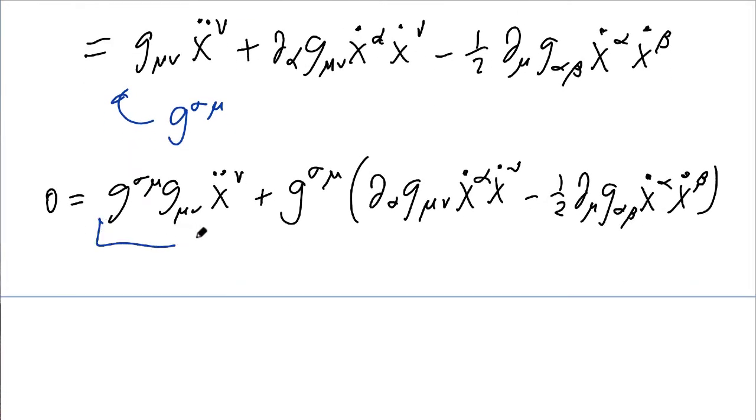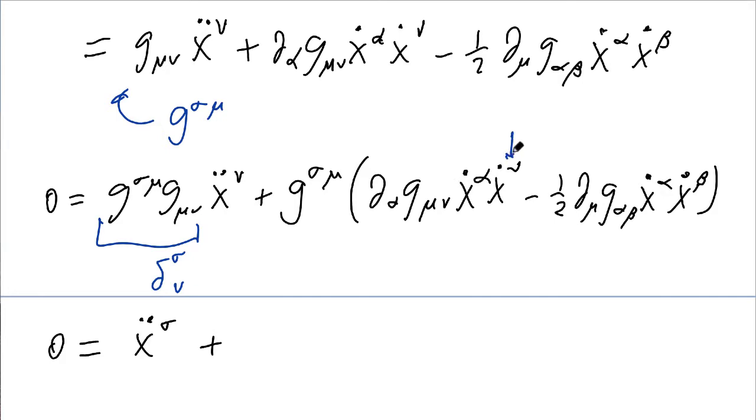All right, this combination is just the Kronecker delta sigma nu, and we have a sum over nu, and in that sum the only term that survives is the term in which nu is equal to sigma. So this is x double dot sigma. Now in these terms, notice we have two factors of x dot. I'd like to pull those out as common factors, but the indices don't line up. So here we have x dot alpha and x dot beta. If we can just convert this nu to a beta, then these factors will have the same indices.